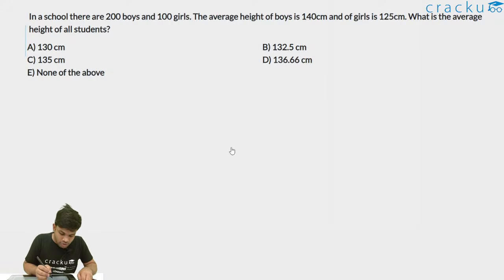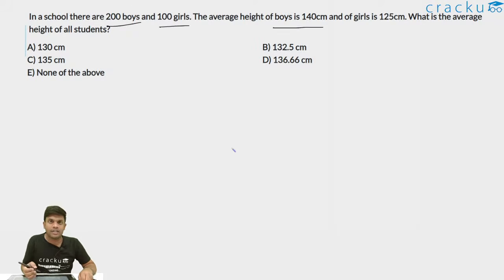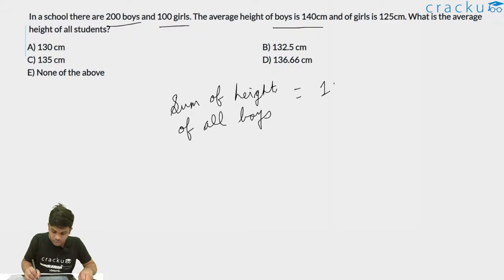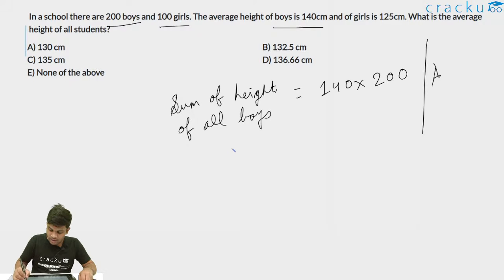Okay, so in this question, we have 200 boys and 100 girls in a school. The average height of boys is 140 centimeter. So the total sum of height of all boys will be equal to 140 into 200, because the average formula is sum by total numbers.